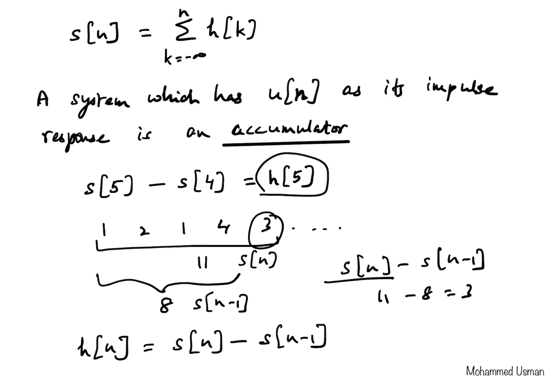That gives us a relationship between the impulse response h of n and the step response S of n. If we know the step response S of n of an LTI system, we can find the impulse response h of n by calculating S of n minus S of n minus 1. That would give us our impulse response. This follows directly from the relationship between the unit step and the unit impulse functions.